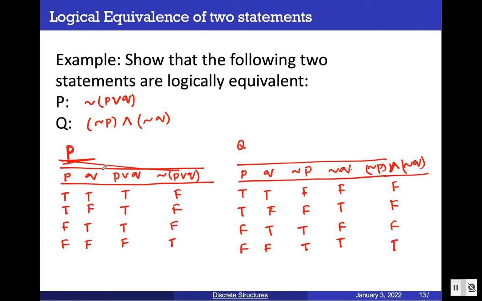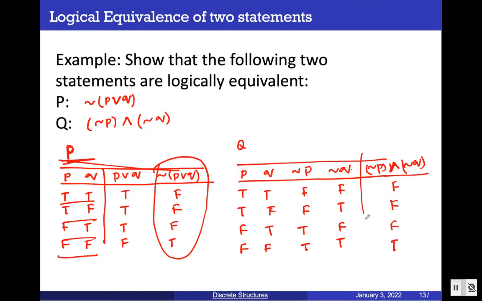All right, so we are using the same combination here. Using the same combination of P and Q, you can see that the truth table of this statement and the truth table of this statement are the same. That means both statements have the same meaning.